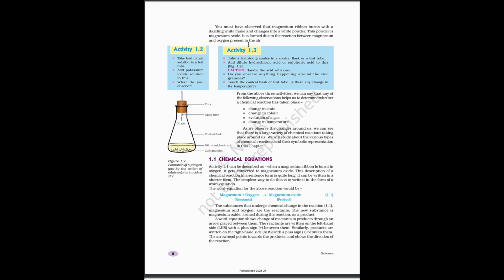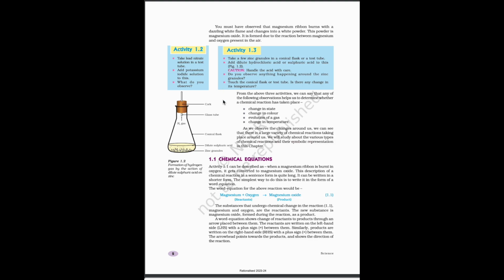Add dilute hydrochloric acid or sulfuric acid to this. Figure 1.2. Caution: Handle the acid with care. Do you observe anything happening around the zinc granules? Touch the conical flask or test tube. Is there any change in its temperature?